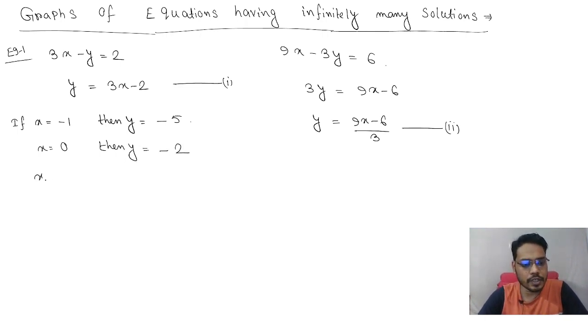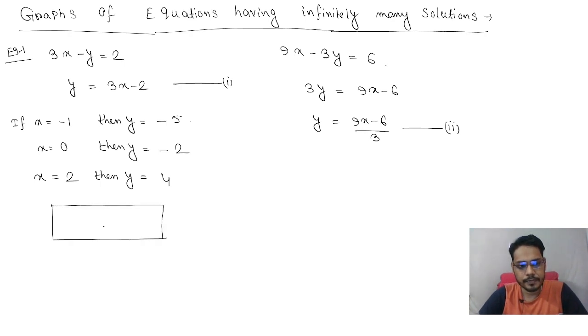If x is equal to 2, then y will be 3 2s are 6, 6 minus 2, that will be 4. So now put the points in the table, that is x and y. If x is minus 1, y is minus 5. If x is 0, y is minus 2. If x is 2, y is 4.